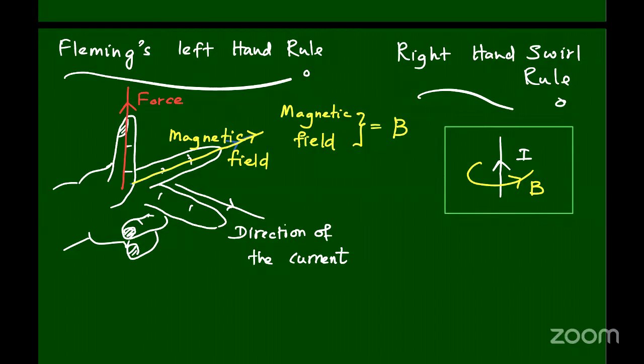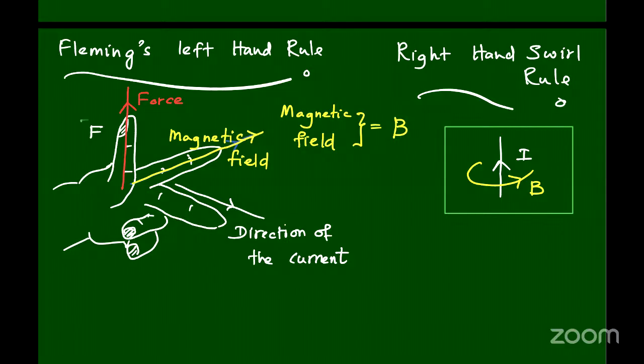So you can easily remember it like this. I think you all are familiar with the term FBI. FBI is for the Federal Bureau of Investigation. But in this case, that lettering order will help us remember the order of the fingers. So I'm going to grab F from here.